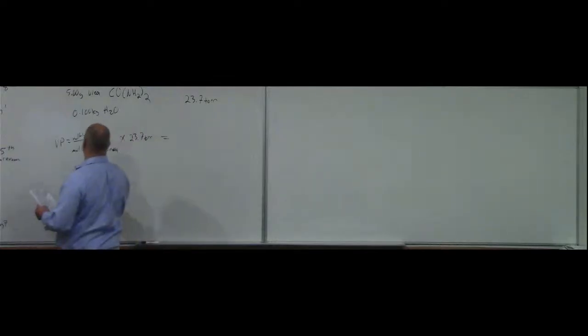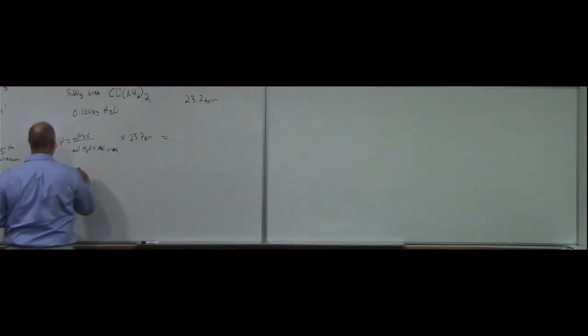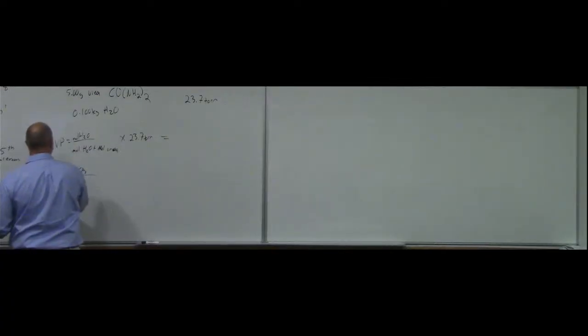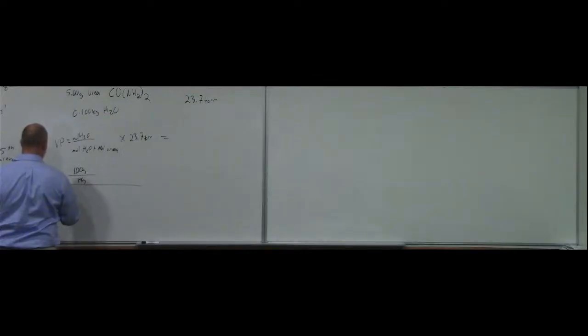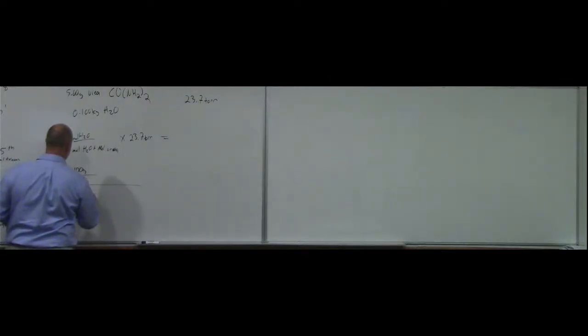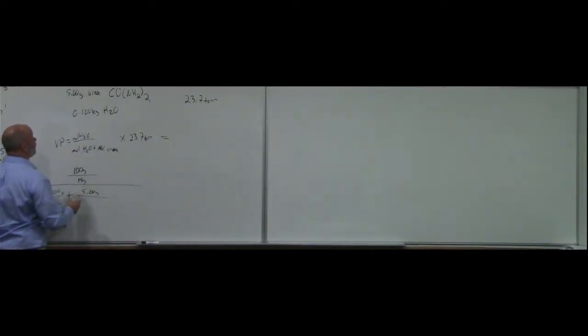I've essentially got 5 grams. Oh, no, excuse me, I need to do that. No. I have 100 grams over 18 grams per mole, divided by 100 over 18 grams plus 5.00 grams over... what is the molecular mass of that one?